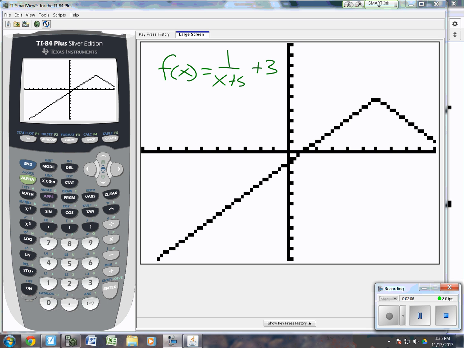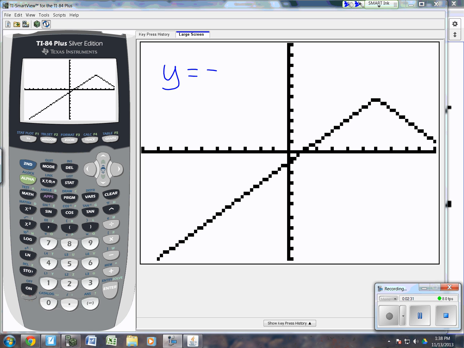This is a new problem right here. This is your next one. Well, let me turn this off and then I'll show you. Looks like y'all got the same thing.